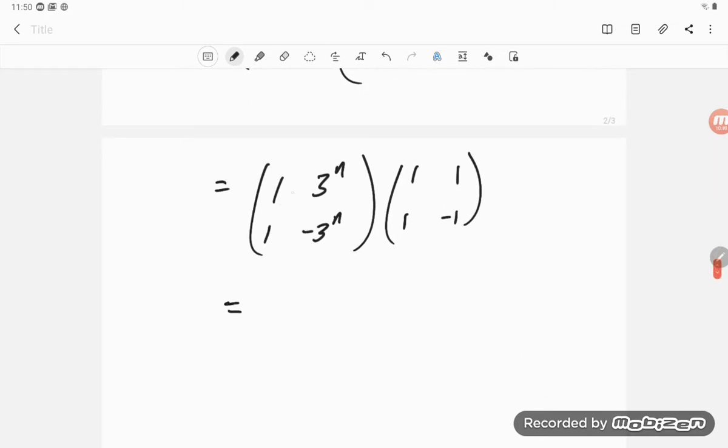And so this is then 1 plus 3 to the n and 1 minus 3 to the n, and 1 minus 3 to the n and 1 plus 3 to the n.